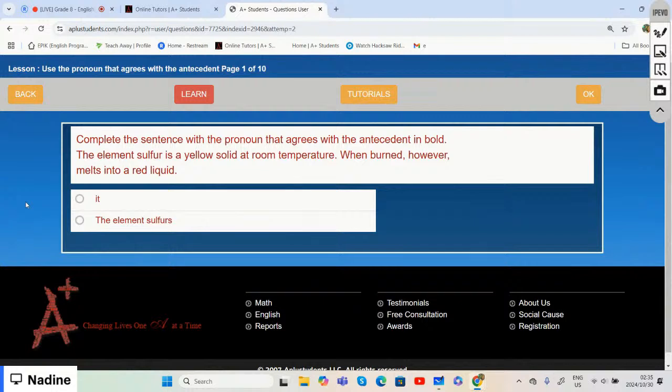The element sulfur is a yellow solid at room temperature. When burned, however, do we say it melts into red liquid, or do we say the element sulfur melts into red liquid? Option one or option two? Which one is correct?